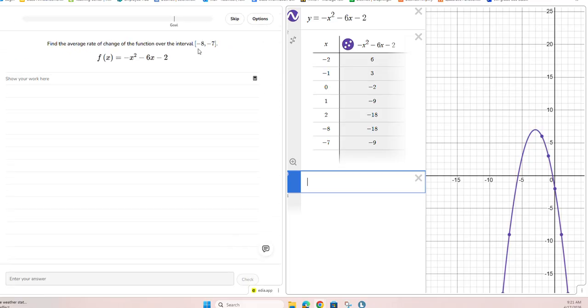Okay, now I'm going to calculate the change in y over the change in x. The change in the y values is going from negative 18 to negative 9. So whatever direction you move in, if I'm going from the top to the bottom on my y, I need to go from the top to the bottom on my x. So I'm going to calculate the change in y, which is negative 18 minus negative 9. That's the slope formula.